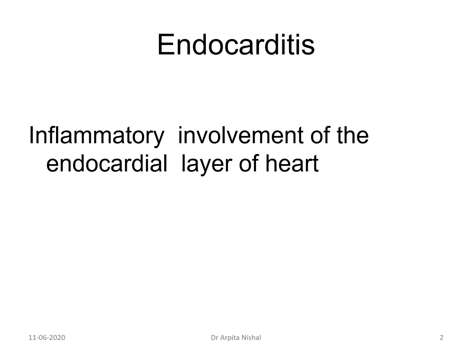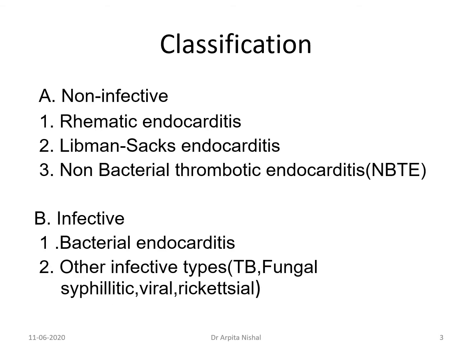Before we go to infective endocarditis, let's see what endocarditis is. As the term implies, itis, it is the inflammatory involvement of the endocardial layer of the heart. Causes of endocarditis are classified into two types, the non-infective causes and the infective causes.